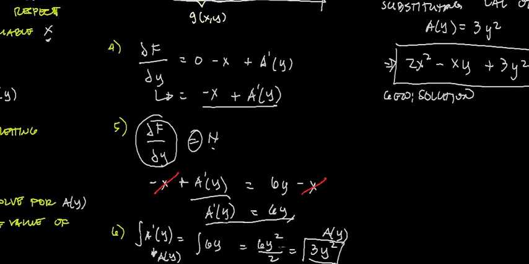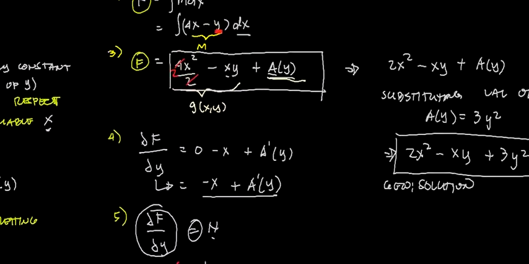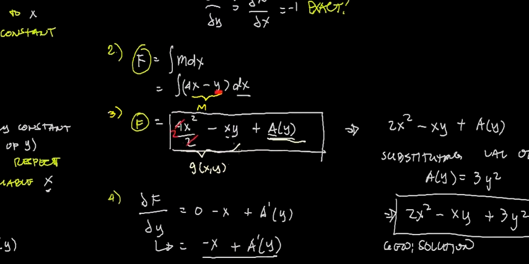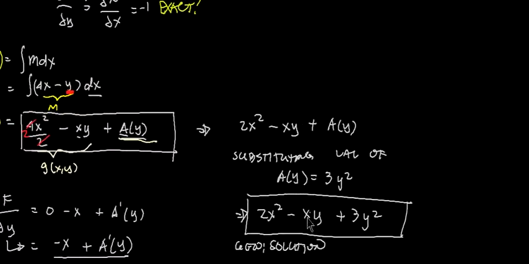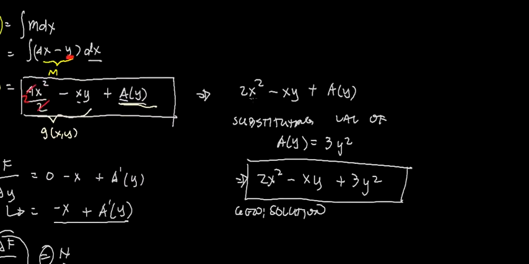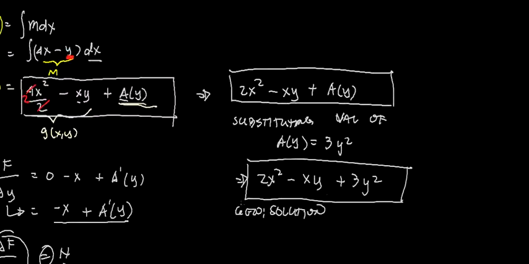So the integral of this with respect to y is just 3y squared. And then going back to our equation 3, since we have now our value of A(y), we can now substitute this in our solution. So finally, we can now have our general solution, 2x squared minus xy plus 3y squared.